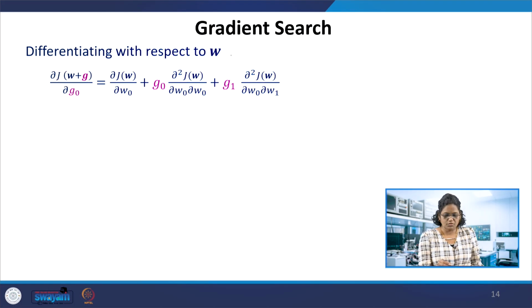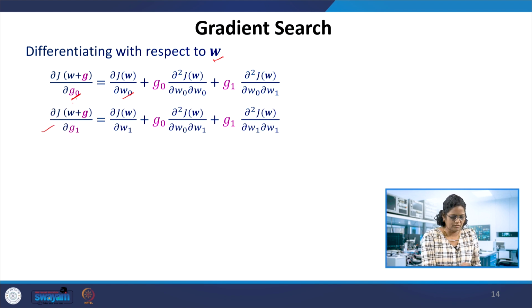Now differentiate this with respect to G. So dou J by dou G naught, we will have with respect to W naught, G naught, and then G1 here. And then differentiate this with respect to G1. So this weight vector is differentiated with respect to G, okay, so G and G naught.